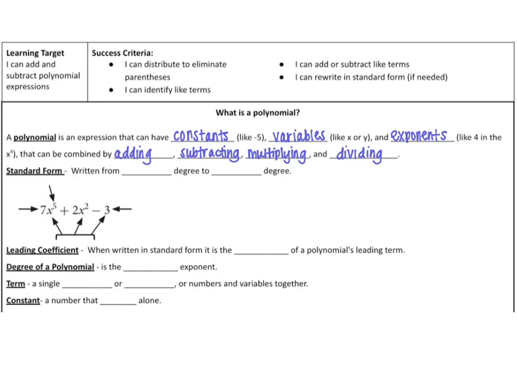They are written from the highest degree to the lowest degree. Now you might be wondering, okay, what is a degree? Well, if we jump down to the bottom, the degree of a polynomial is the biggest exponent. The degree is just the value of the exponent.